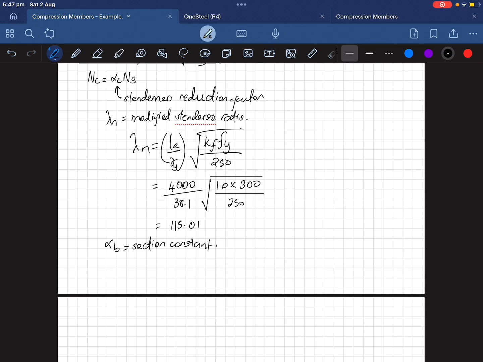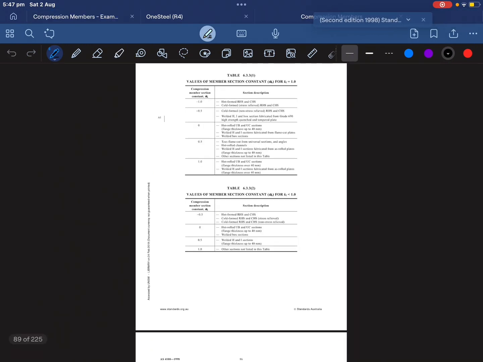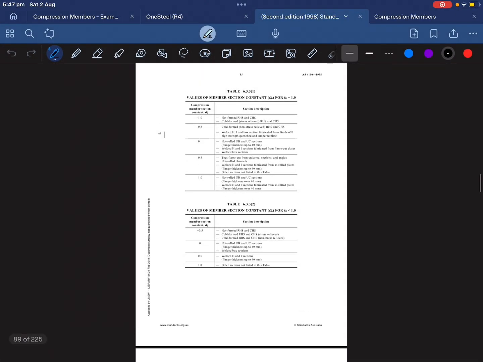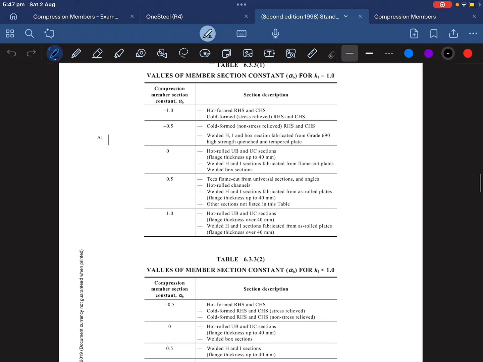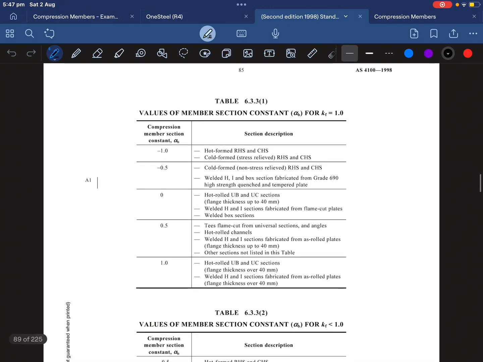Once you've calculated your modified slenderness ratio, you need to calculate alpha B, which is a section constant. In this case, it's equal to 0 because we have hot rolled. So we have clause 6.3.3, which is right here, and we have a hot rolled UC section, which has a flange thickness of less than 40 in this case.